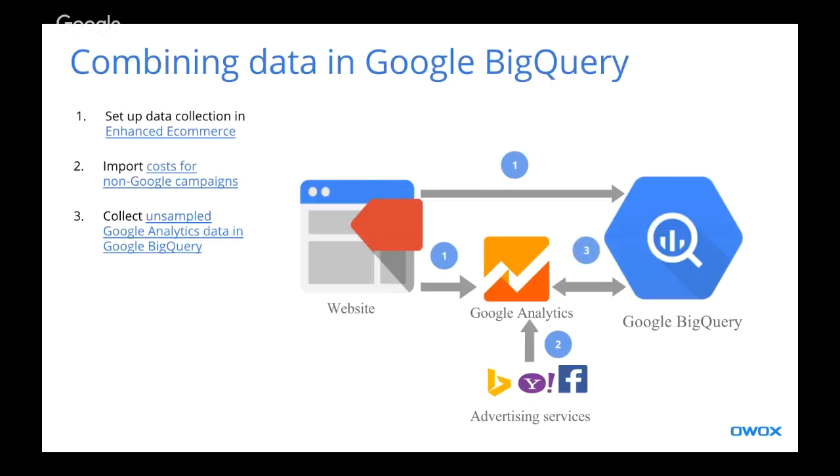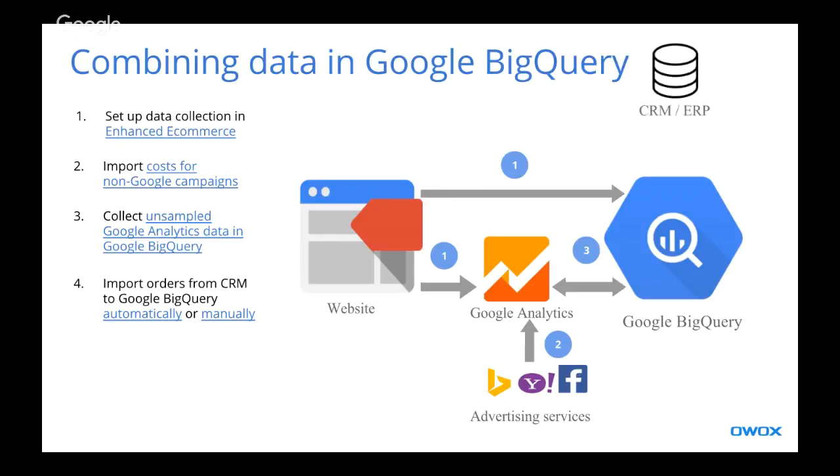I already described two ways in which you can set this up. And then you import CRM transactions data and set it up automatically, or manually if you're just testing the attribution or testing the data export to the system. So the data pipeline looks as simple as that.